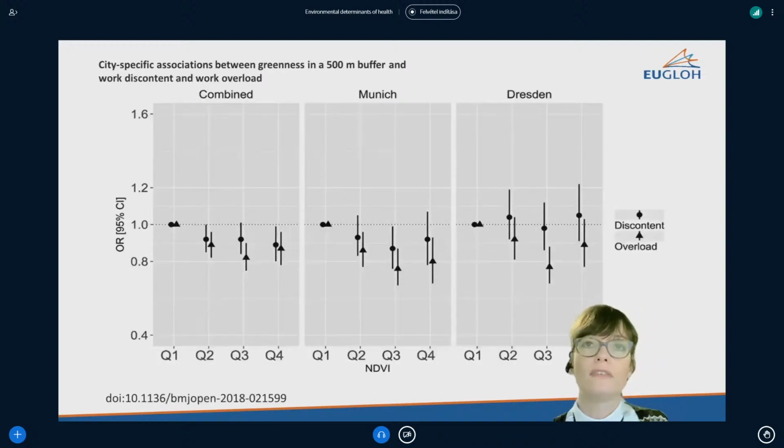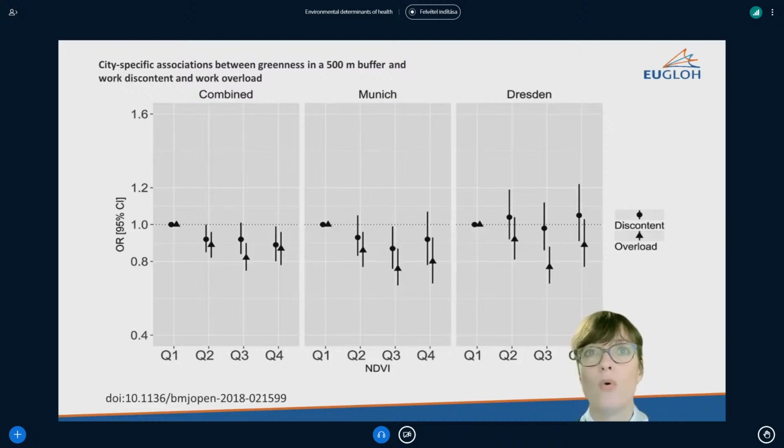So the first is taken from a PhD thesis in which my dear colleague Ronald Herrera analyzed the association between greenness in a 500-meter buffer around home. It used data of the parental generation only and took their place of living up to age 22 years into account.